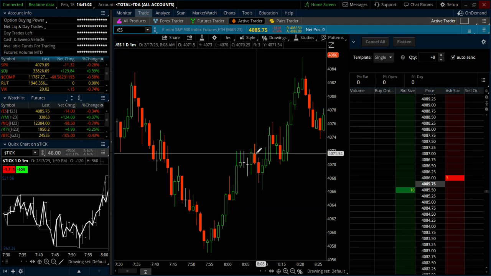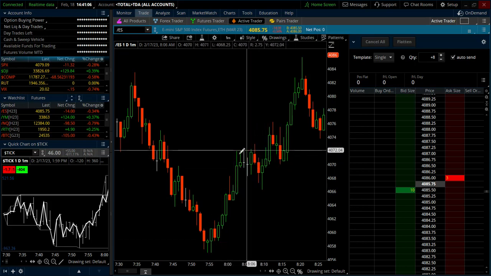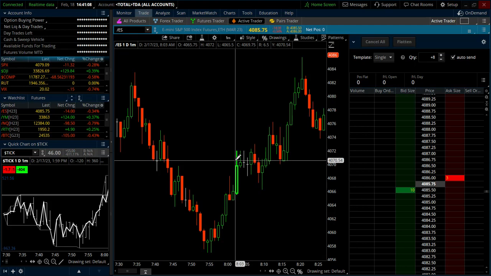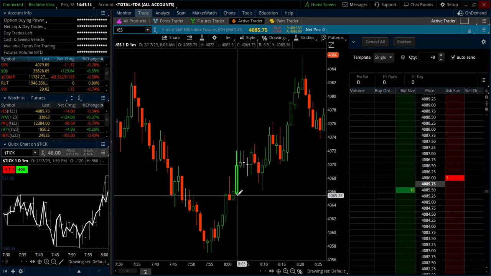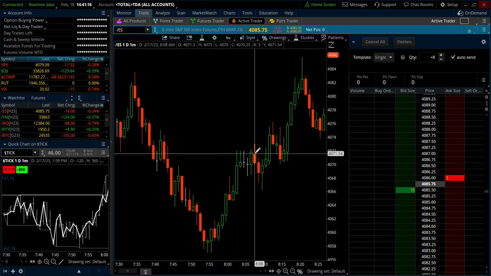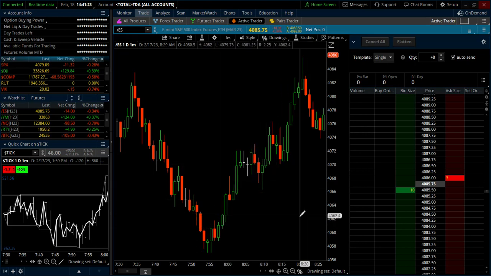So you can catch 10-point moves sometimes in 10 minutes, when you get these clusters where you have a big breakout bar and then inside bar, inside bar, inside bar. Just leave the stop alone below the breakout bar and wait for a new bar to break out before raising your stop. That's something that I do on daily charts and in other charts as well.